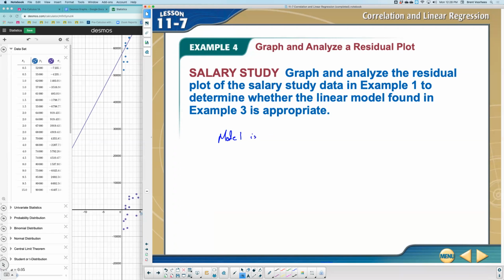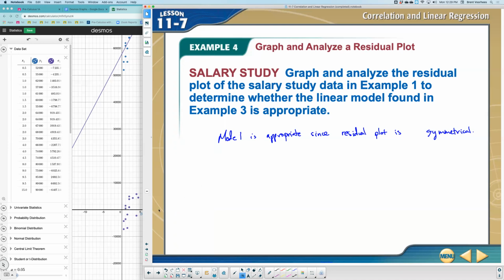The model is appropriate since your residual plot is, I'm going to use the term symmetrical here.